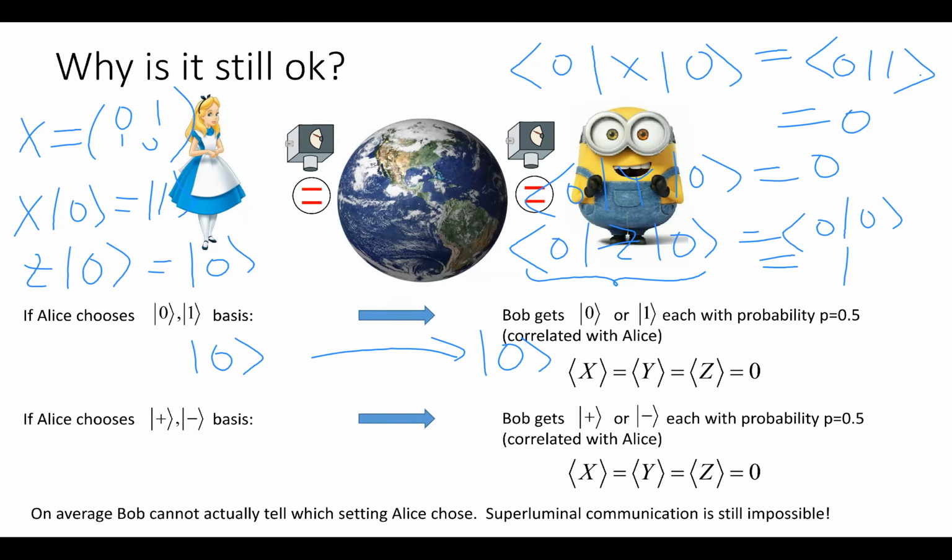But that happens 50% of the time, right? And then 50% of the time, you get 1, right? And then for the one case, Bob will also get 1. For the one case, expectation value of the 1 state with x, what does that give?